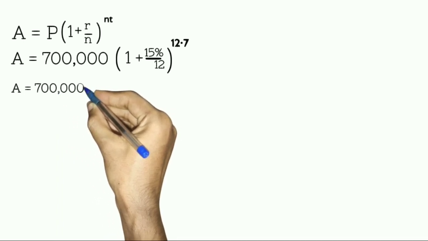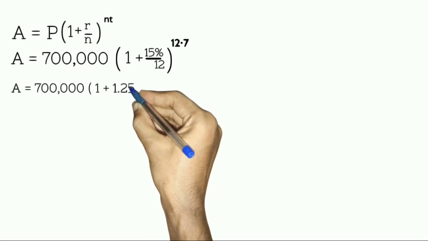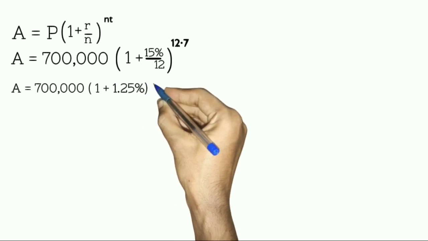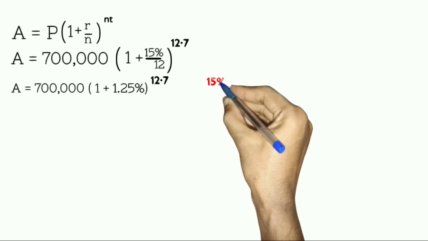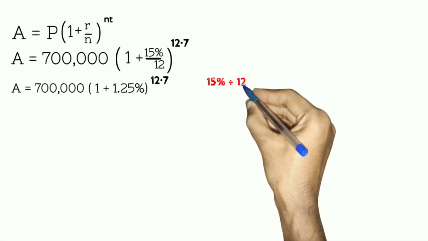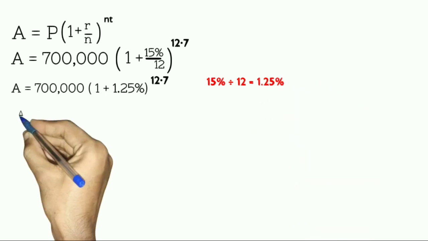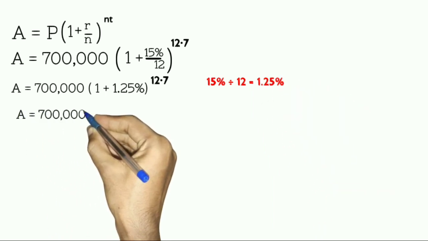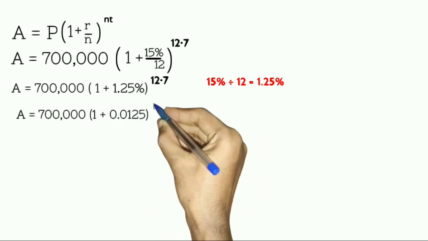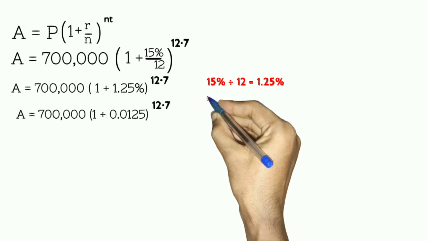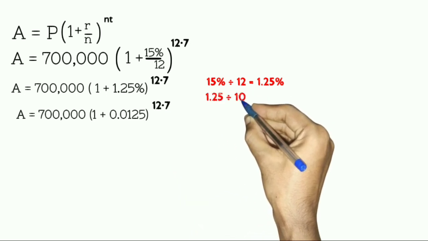Unahin natin yung nasa loob ng parentheses. At sa loob ng parentheses, meron kayong nakikitang fraction. Unahin natin yan. 15% divided by 12 is 1.25%. Now, let's convert 1.25% to decimal. 1.25, divide it by 100, it is 0.0125.